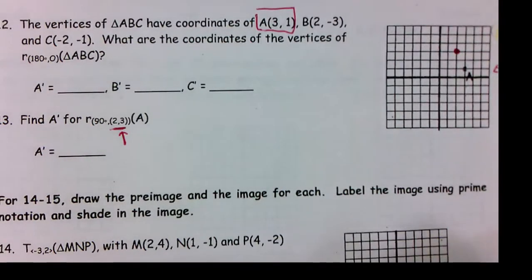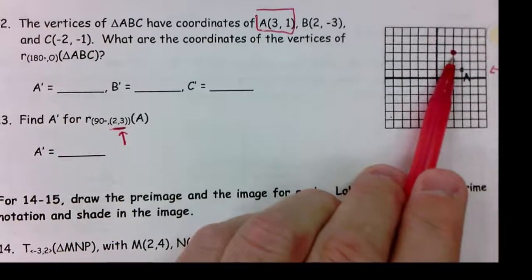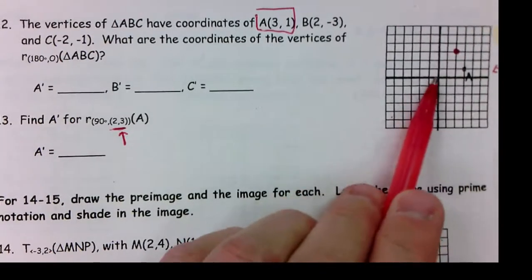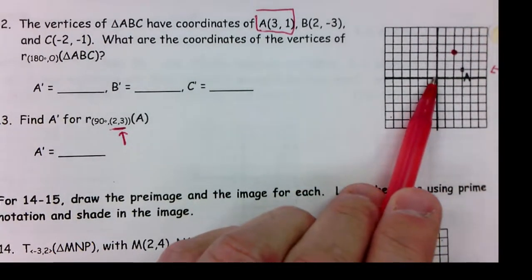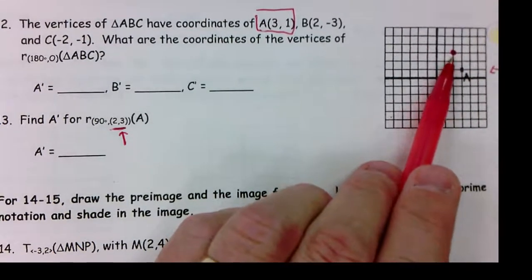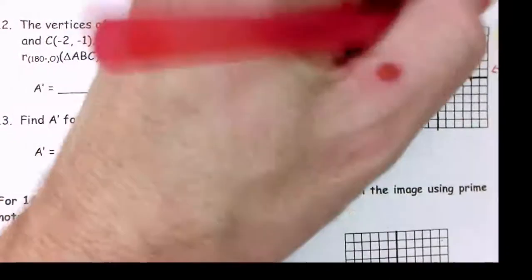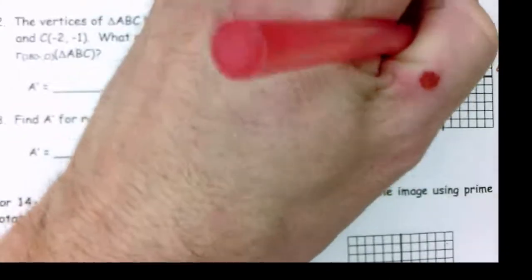Now, if you didn't get that, it's okay, but try to see what's going on here. If you want to rotate around the point 2, 3 instead of the origin, in my opinion, the best way to do it is to act like this is the origin and draw yourself a little X and Y axis as if that's the origin.